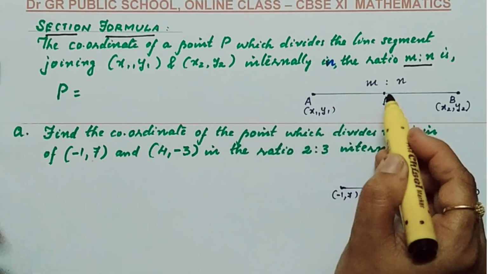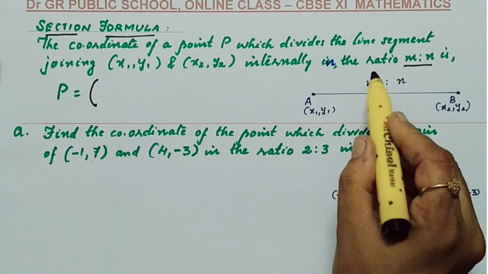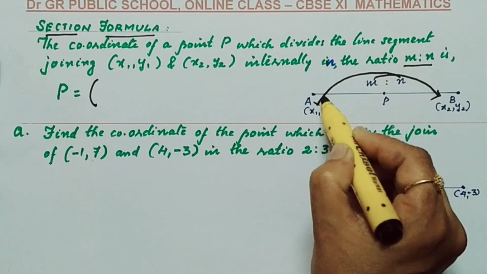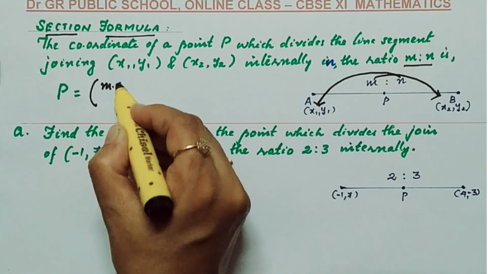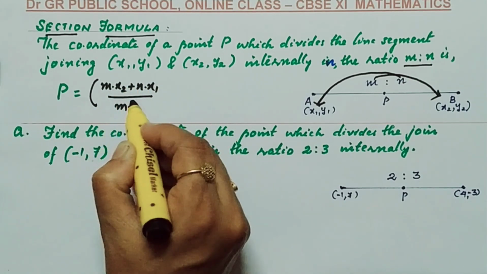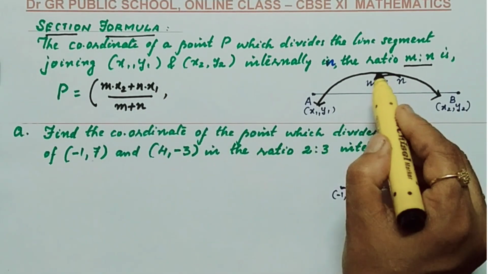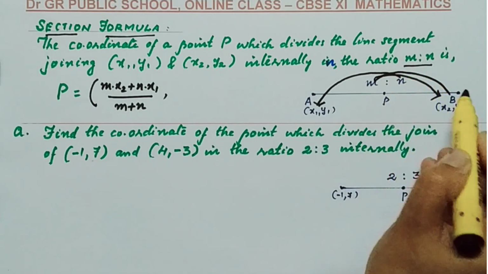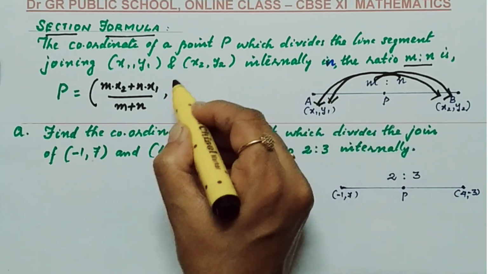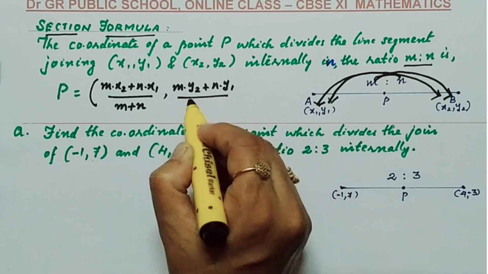So, the coordinate of the point P can be found by using the formula. You already studied that. It is m into x2 plus n into x1 divided by the sum of the components of the ratio, and the second coordinate, the y coordinate, is m into y2 plus n into y1 divided by m plus n.